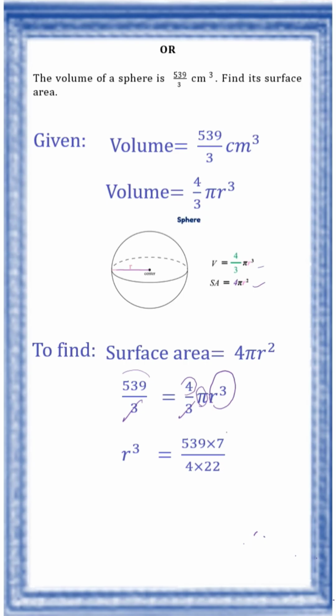You don't need to multiply and go on multiplying. 11 twos are 22, 11 fives are 55, 11 fours are 44, carry 9, 11 nines. So here we can split 49 as 7 into 7 into 7, and 4 as 2 into 2 and this 2. So r cube is equal to 7 cube upon 2 cube. So r is equal to 7 by 2, which is equal to 3.5 centimeter.